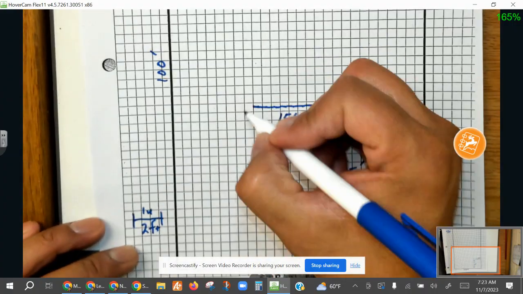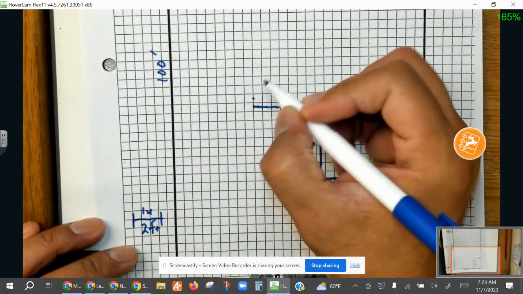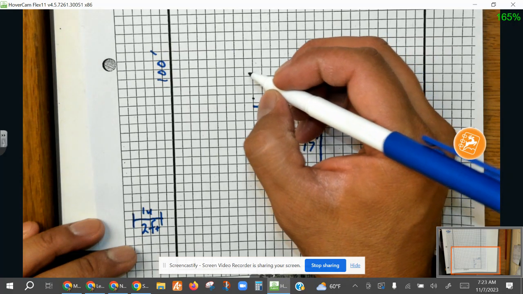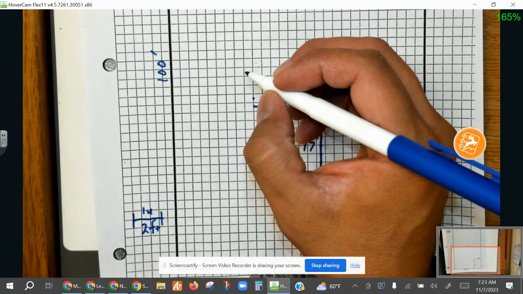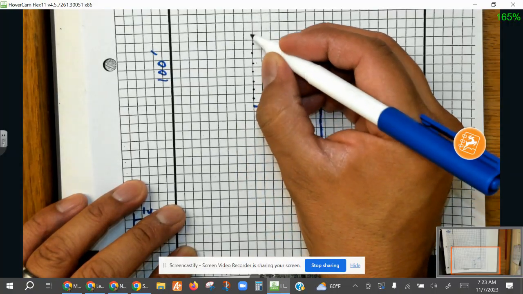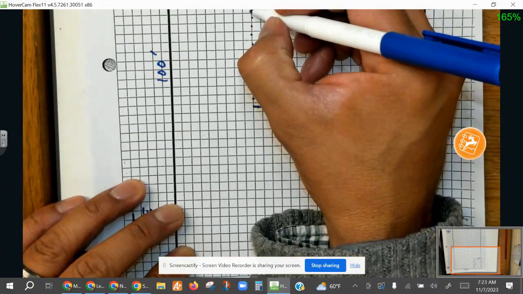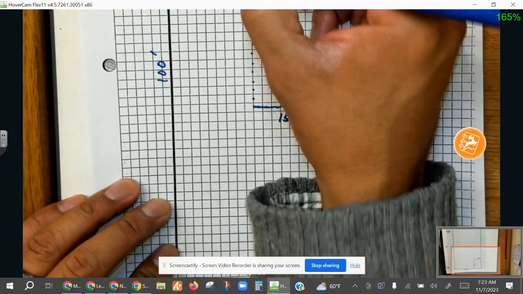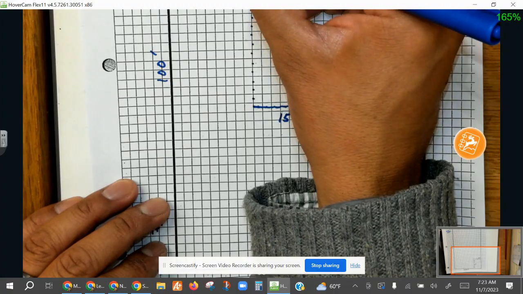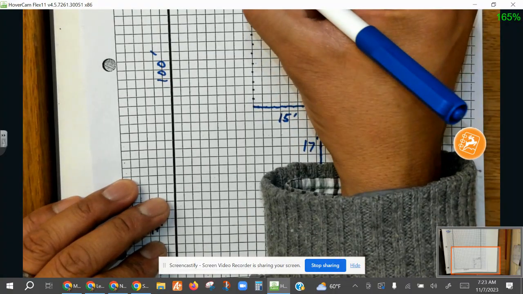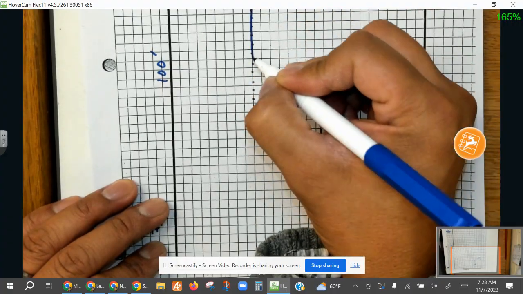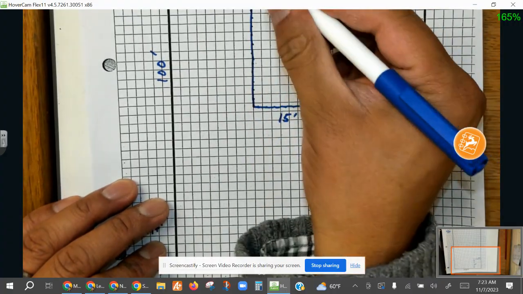So we have 2, 4, 6, 8, 10, 12, 14, 16, 18, 20, 22, 24, 26, 28, 30, 32, 34, 36, 38. So we're going halfway. Okay, so that would be 19 squares. So if we're starting halfway, we're going to end up halfway.